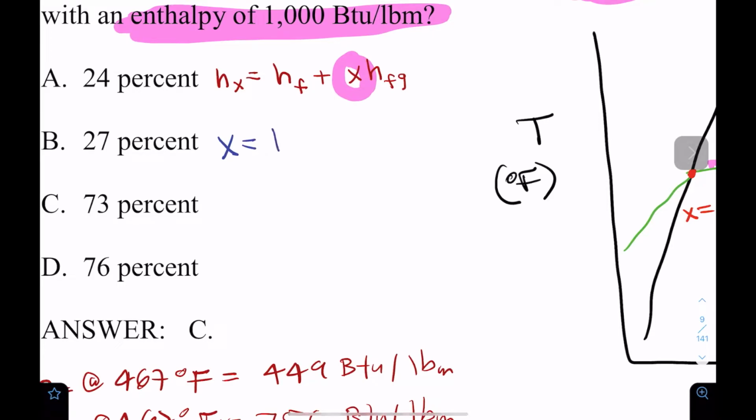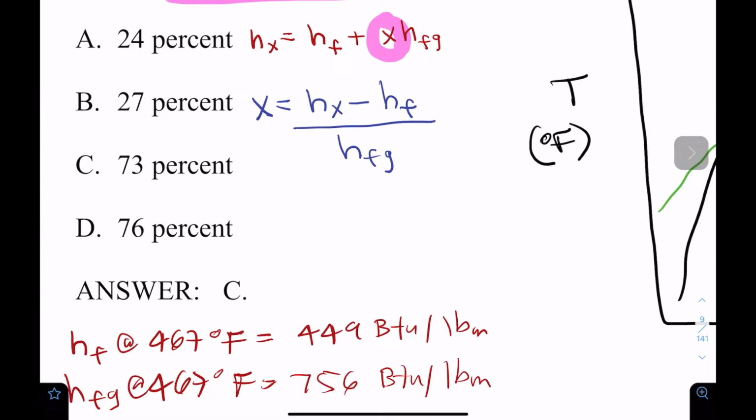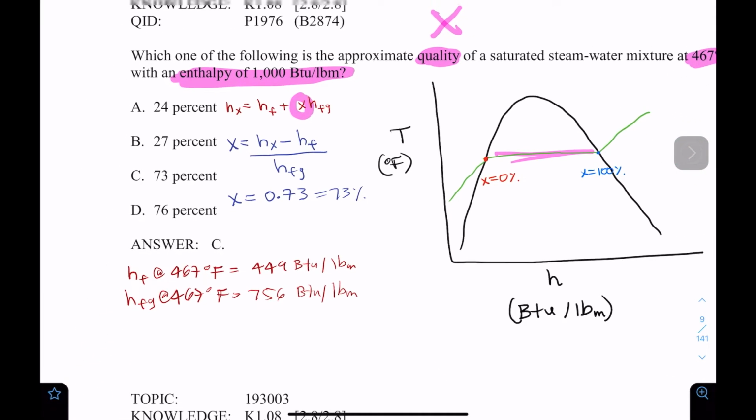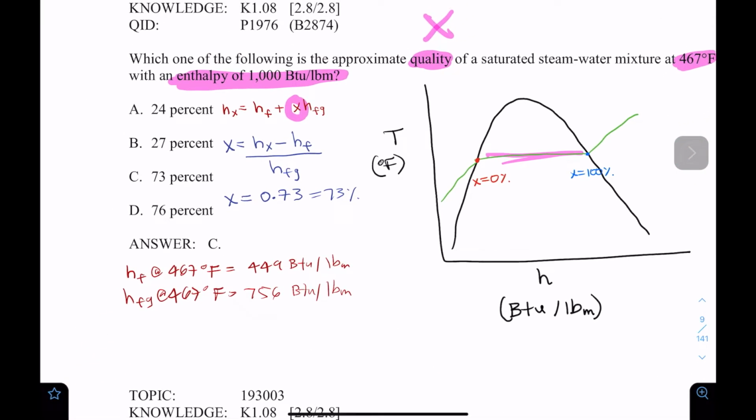I have HX minus HF over HFG, and substituting all the values, I'm gonna get approximately 0.73. And if I turn that into percent, that will be 73%. And that's the formula that I'm gonna use for that.